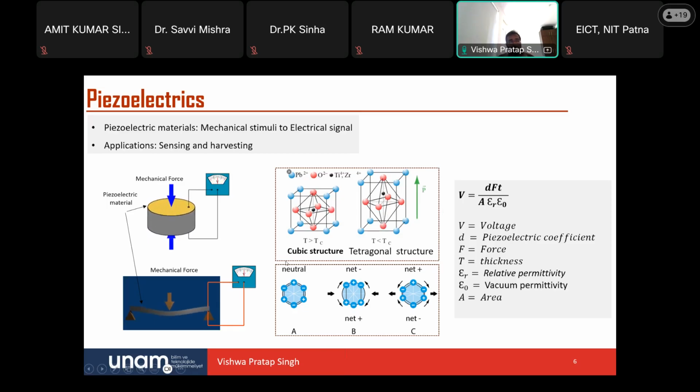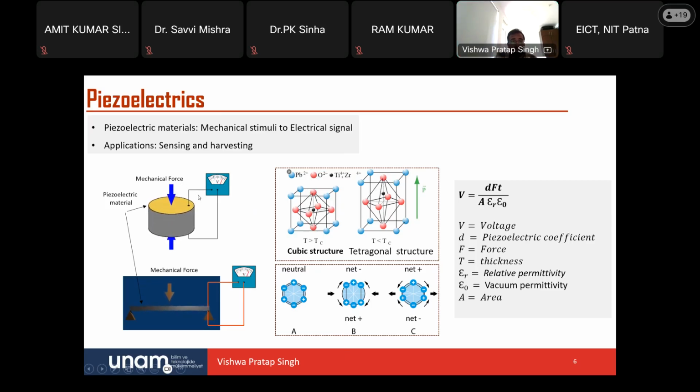When you go up to the cubic temperature, the structure changes. In this case, the titanium ion is at the center, and now when you press it, it will not move because it is in a stabilized condition. So the material should be in a deformed structure to get the piezoelectric phenomenon.